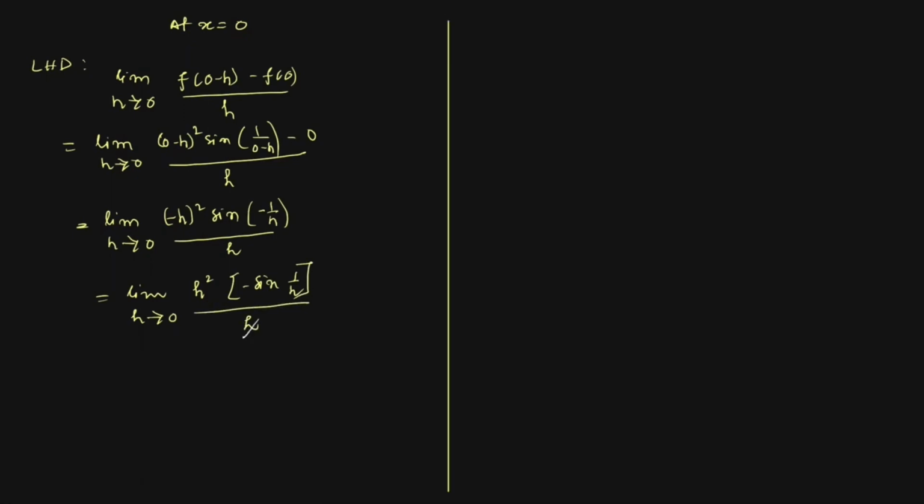Now one h we cancel from here, then we are able to write limit h tends to 0 h into minus sine 1 by h, which is equal to 0 into minus sine 1 by 0, which is equal to 0. So the left-handed derivative we will get is 0.